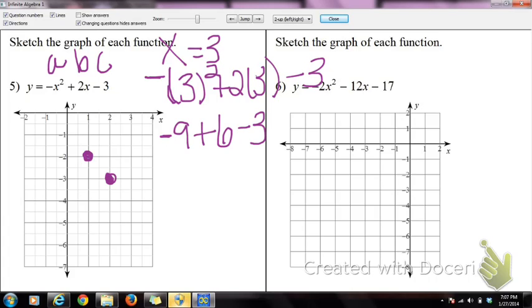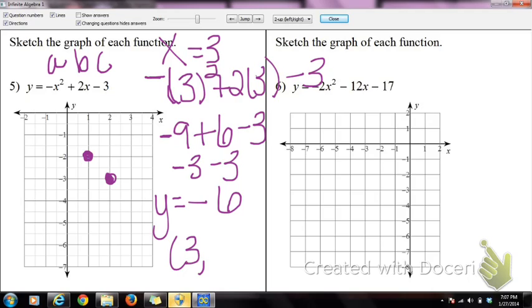A -9 plus 6 is a -3, and we subtract another 3, so we get a -6. Therefore, y equals -6. And our coordinate is 3, -6. So we go to the 3, and we go down to the -6 and put a dot. The last part is my favorite because we can connect the line.